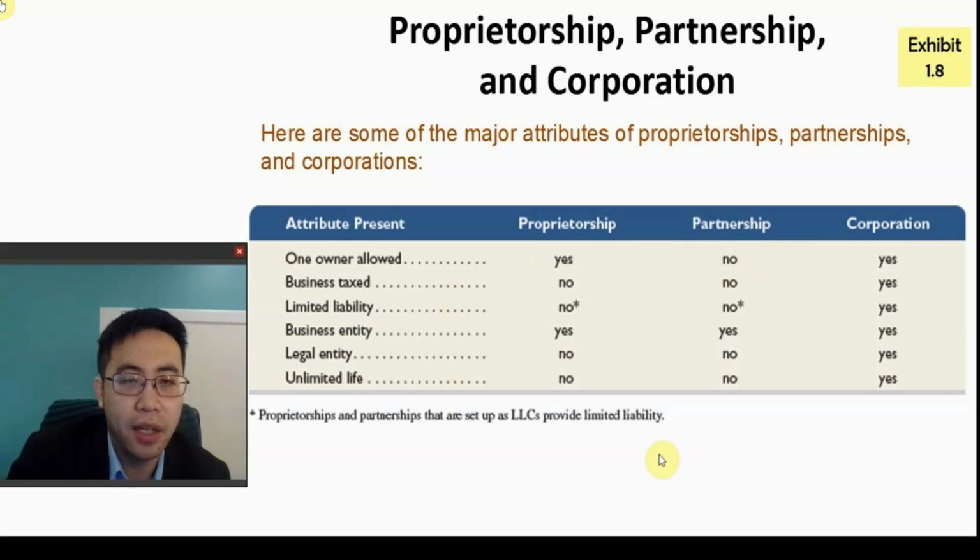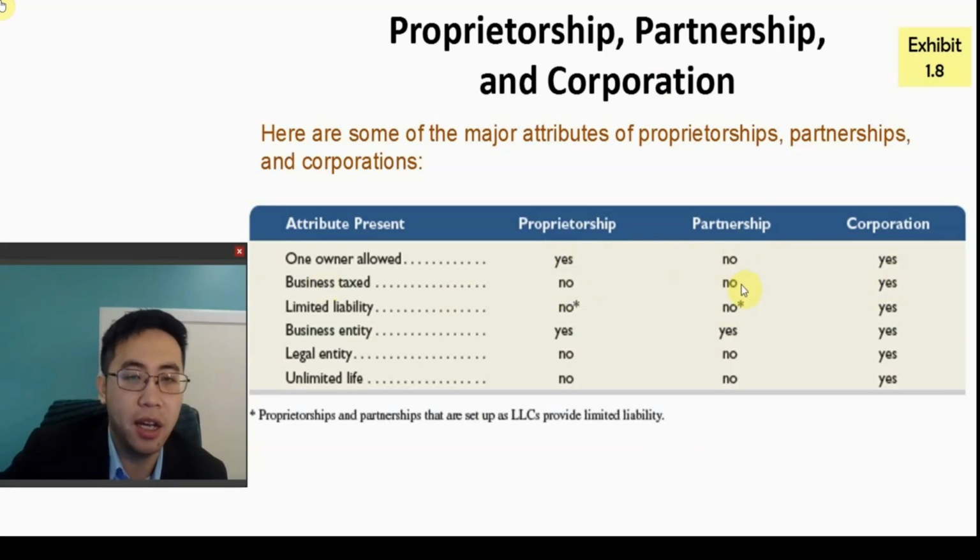And in terms of taxes, sole proprietorships and partnerships do not pay a business tax. They do not pay corporate tax. But corporations pay corporate tax. Does that mean sole proprietorships and partnerships do not pay tax at all? No. They actually pay income tax.